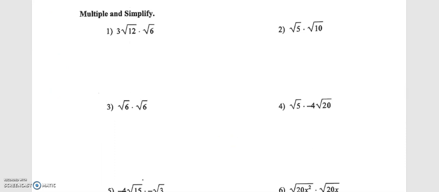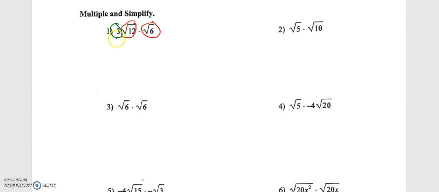So let me kind of explain what I mean here. There are 2 basic rules when combining or bringing together square roots. The most basic foundation rule is that anything inside of a square root can be multiplied or divided, as I show you on the next page, and then anything outside of the house can be multiplied.